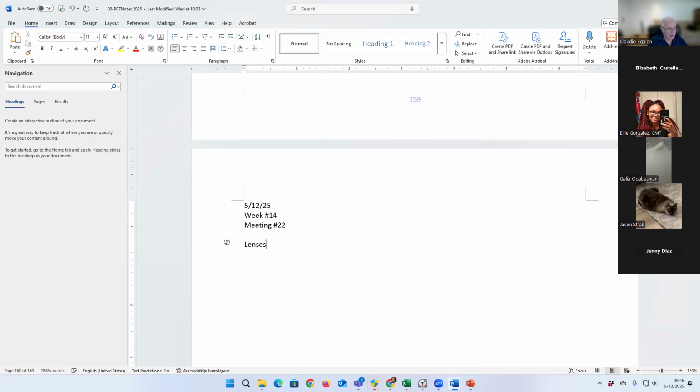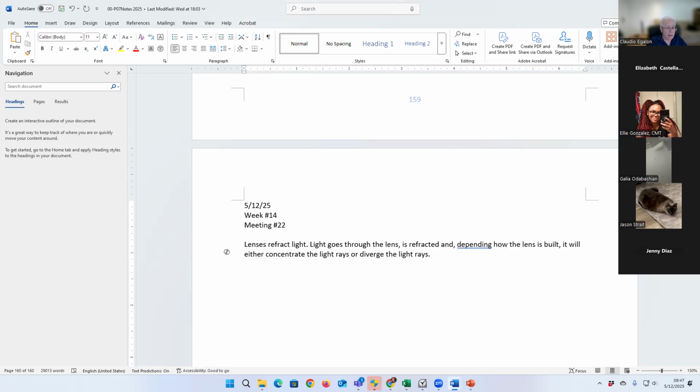Lenses refract light. Light goes through the lens and is refracted, and depending how the lens is built, it will either concentrate the light rays or diverge the light rays.